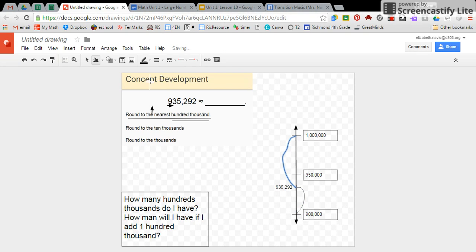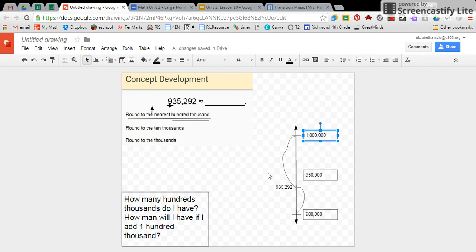Notice I'm not making my jump go from 935,292 to 950,000. I'm just jumping to the two benchmark numbers. I can only round to 900,000 or 1 million. I'm never going to round to 950,000. So don't make a jump there.